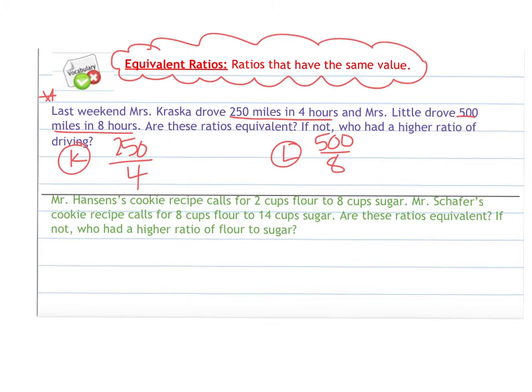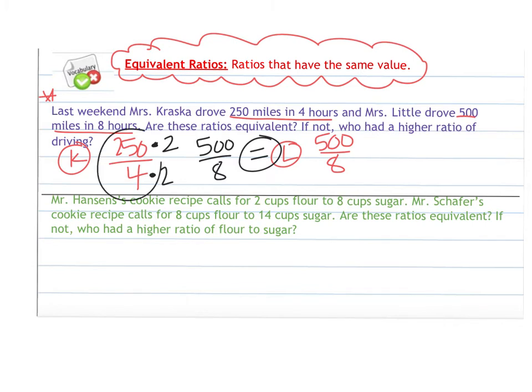So we can look at 250 to 4, and I can see that if I multiply 4 times 2, I will get 8. But if I do that to my second number, I have to do that to my first number. So 250 times 2 is 500. 4 times 2 is 8. And therefore, I can see that they are equivalent, or they're equal to each other, which tells me that, yes, they are equivalent.